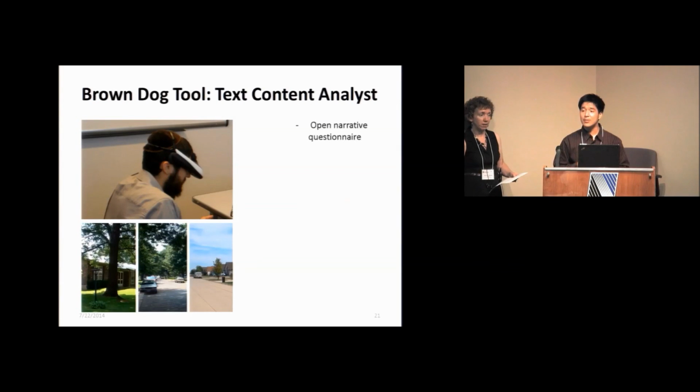It's an open narrative questionnaire, which means each person has written a paragraph describing how they feel. So now with the Brown Dog tool, it can use sentiment analysis to take our data and analyze the relationship between what they like or don't like about this green infrastructure area.